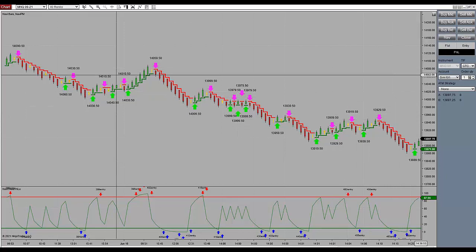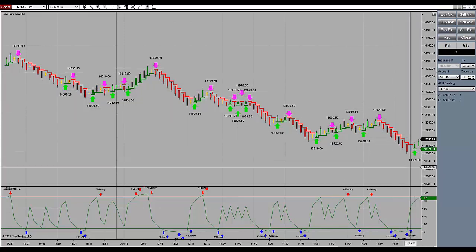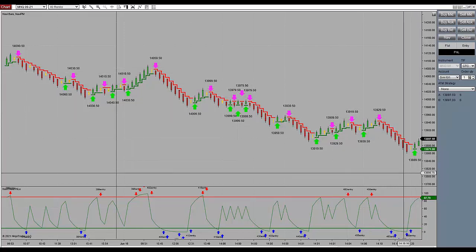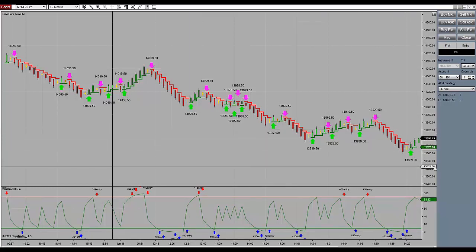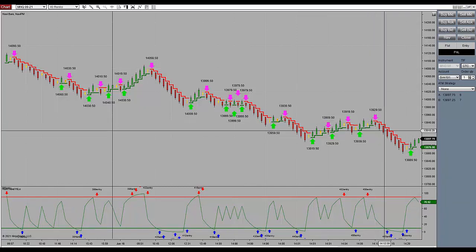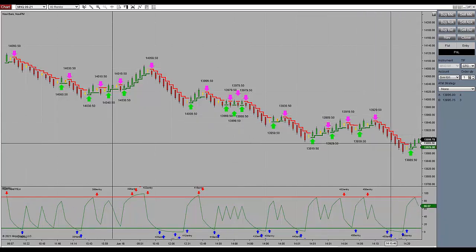We had that move down followed by a move up. All right, so you can see charts are telling you which way you want to be trading.